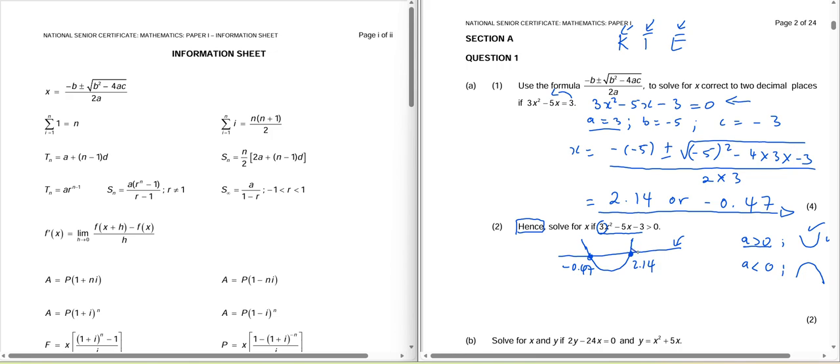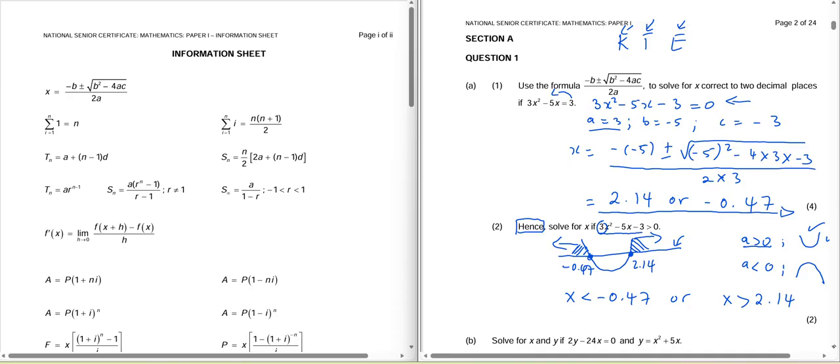So for above 0, we get it here, and we also get it here, because that's where it is above the horizontal line. Now, everything here is valid, and also everything here is valid. Now, the solution is, for every x that is less than minus 0.47, or for every x greater than 2.14, it will be valid.